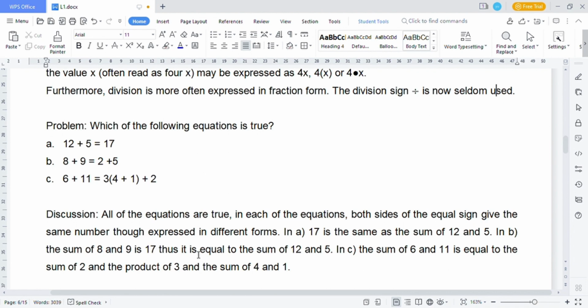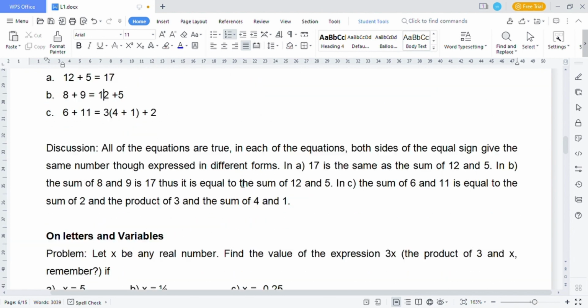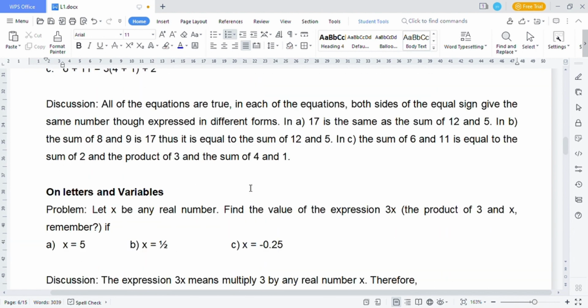Thus, it is equal to 12 plus 5. So 8 plus 9 is equal to the sum of 12 plus 5. And letter C, the sum of 6 and 11 is equal to the sum of 2 and the product of 3 and the sum of 4 and 1. So these three are all equal. Okay, let's go on to letters and variables.